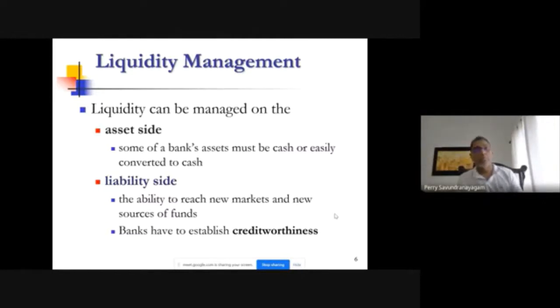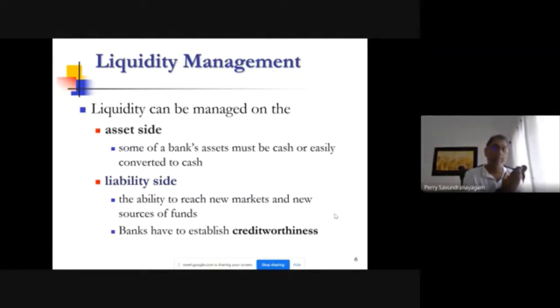So liquidity can be too much, liquidity can be too little. And even though you have opportunities to raise assets, you might not necessarily want to do that. And if you don't have liquidity, if you want to raise liabilities, you can't just simply do it. Sometimes you get liquidity when you don't want it. Sometimes you can't raise it when you want to raise it.